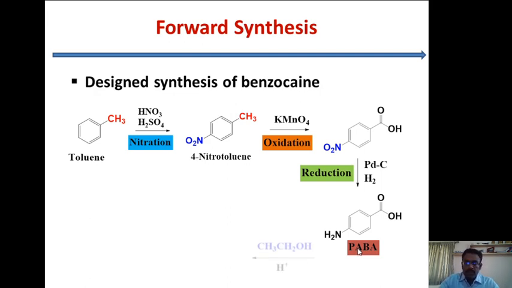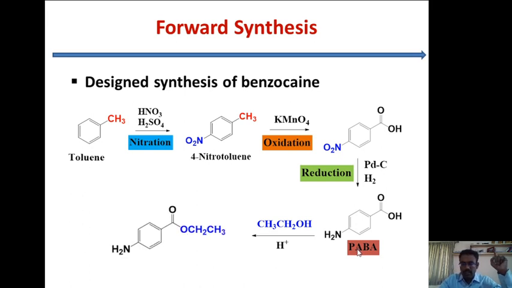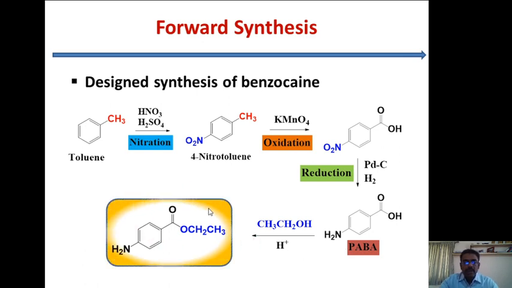Okay, then we do the esterification. That's what we did first when we did the disconnection. So finally you arrive at the target molecule. So that is how to do the disconnection on benzocaine and arrive at a simply available starting material.